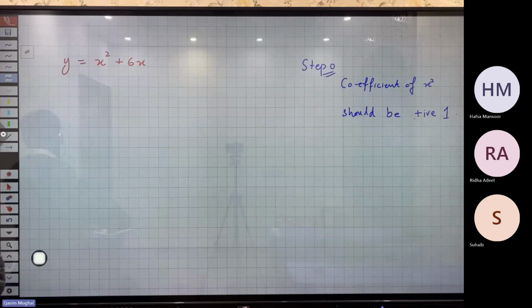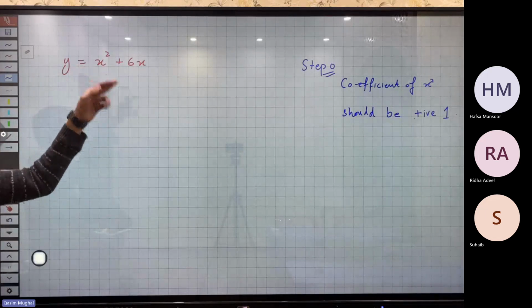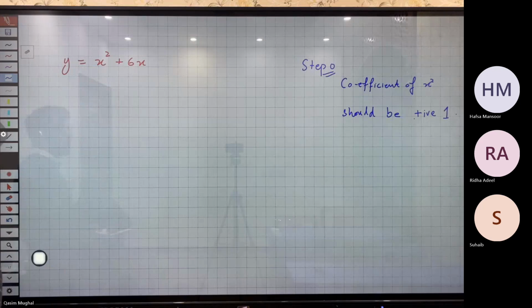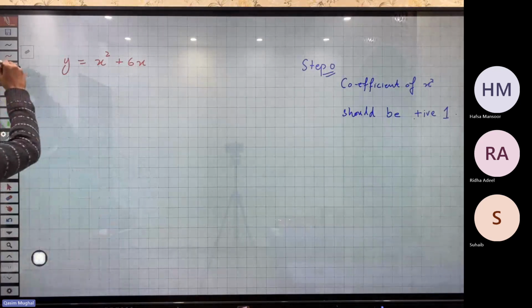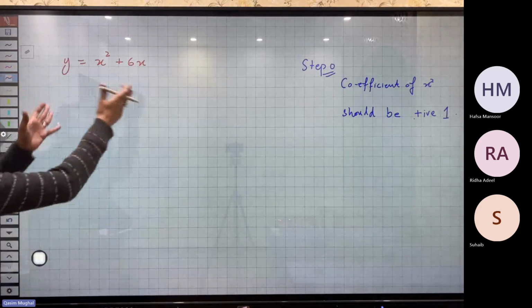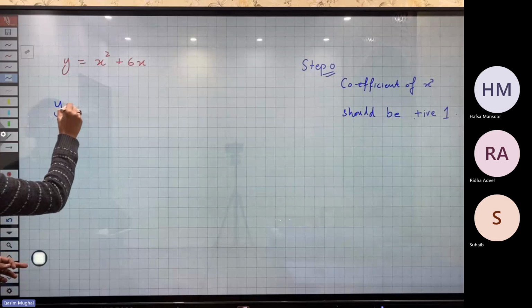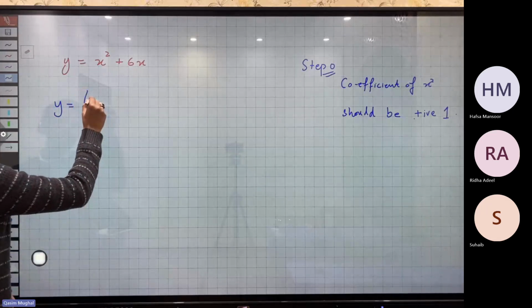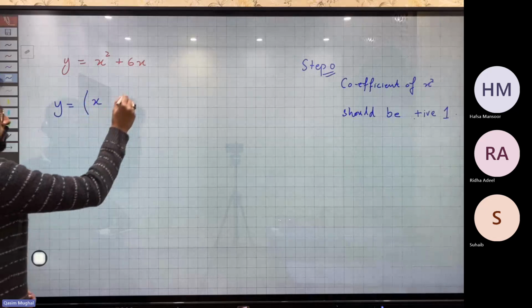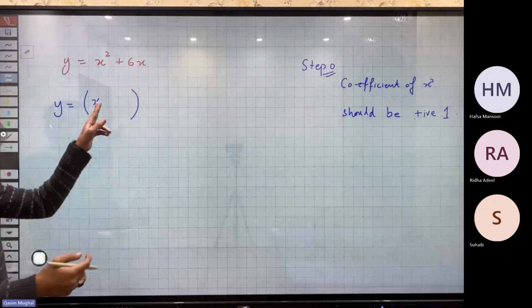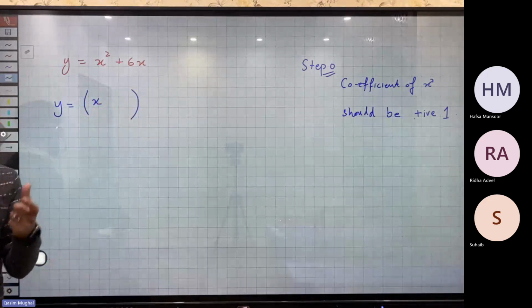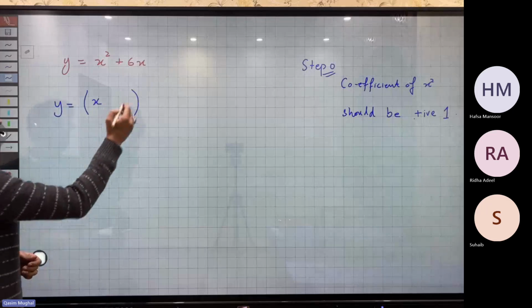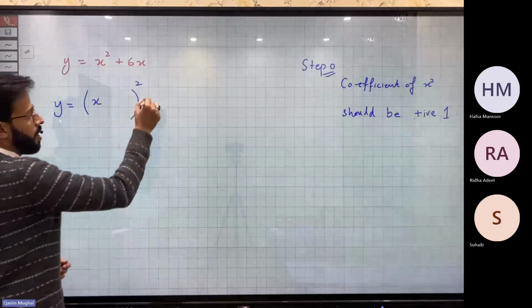Is the coefficient of x square positive 1 in the equation we are dealing with right now? Okay. Now, next thing, whatever I'm going to write down with the blue over here, no matter what, you have to do that all the time. Bracket open, x, blank space, this much that you should be able to put a sign along with a number over here, and then whole square minus.